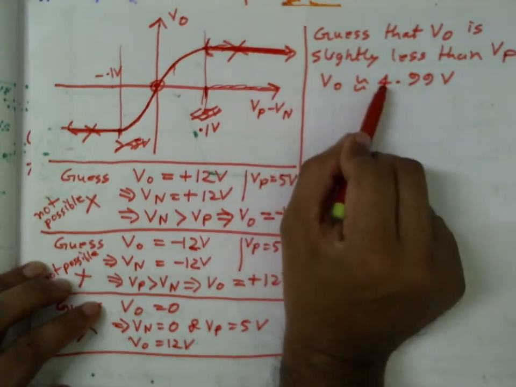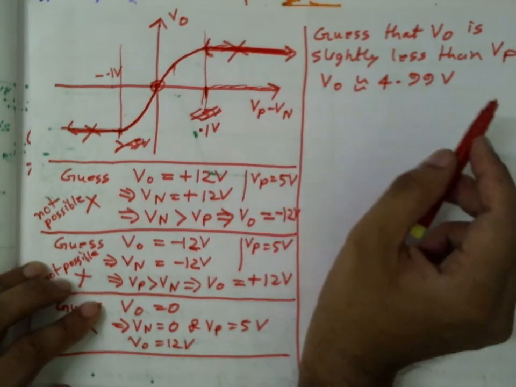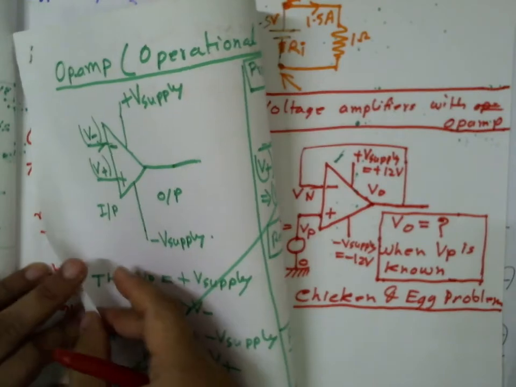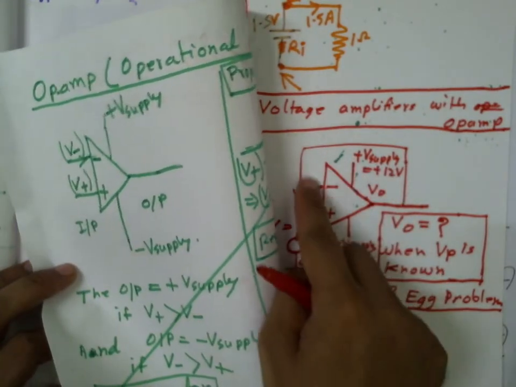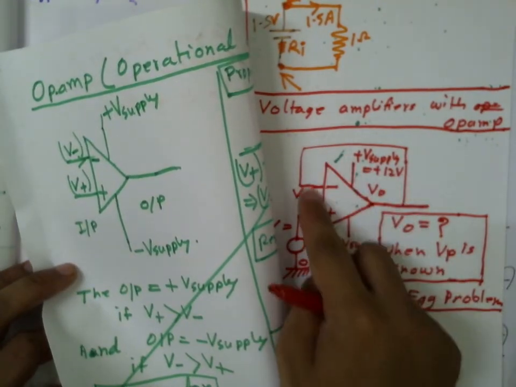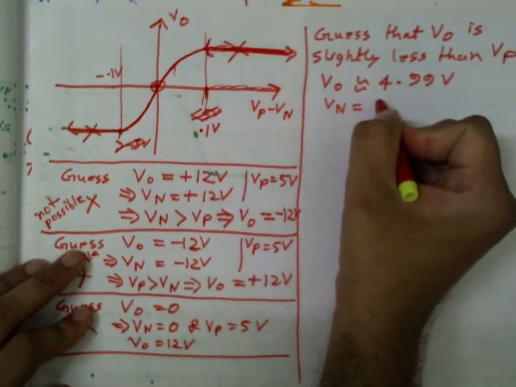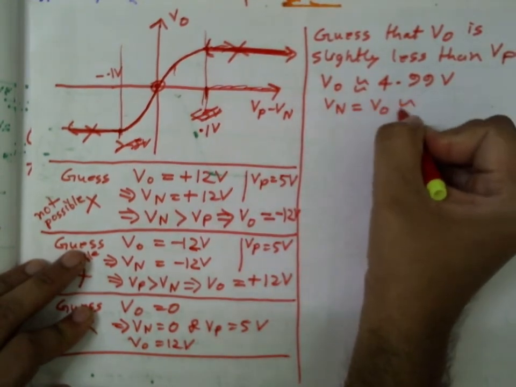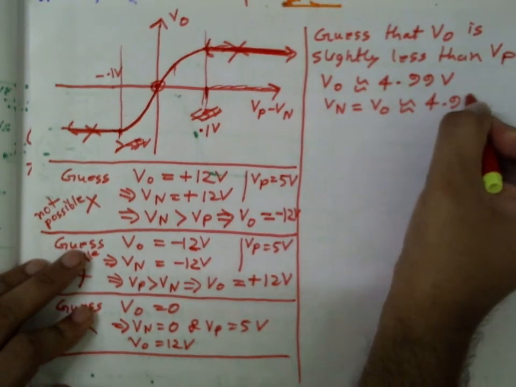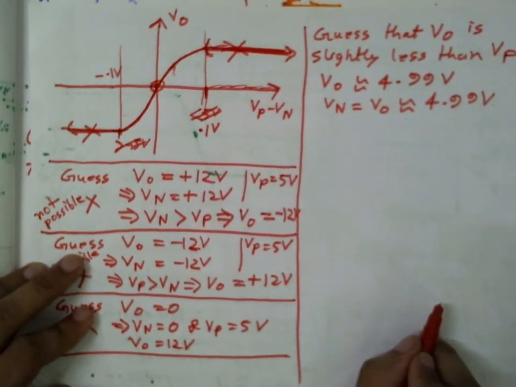Okay, if that is so, if VO is 4.99 volt, then in the circuit we see again that VO comes to Vn. So Vn will be equal to VO, which is like 4.99 volt, right?